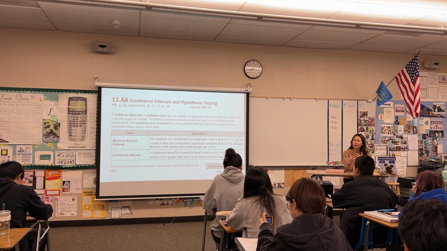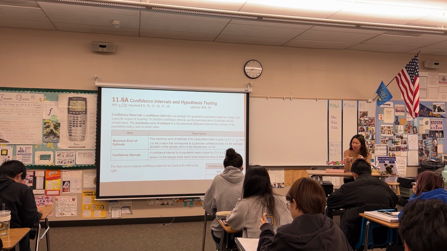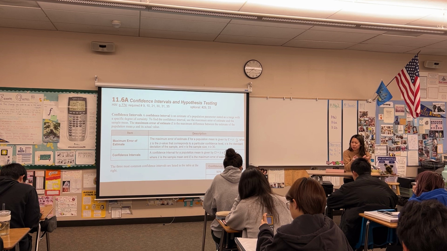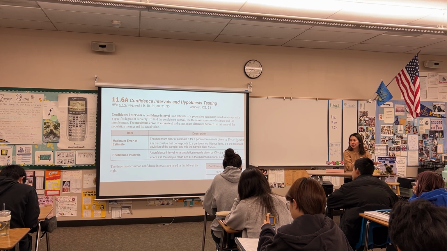There's that degree of certainty, I'm 95% confident. That's the population parameter, the true average price of a prom dress, between some number and some number. That's the interval, okay?